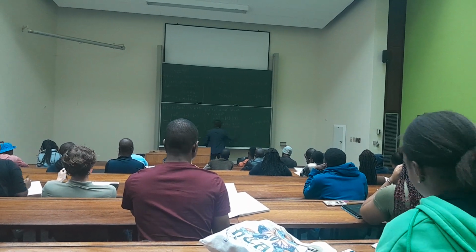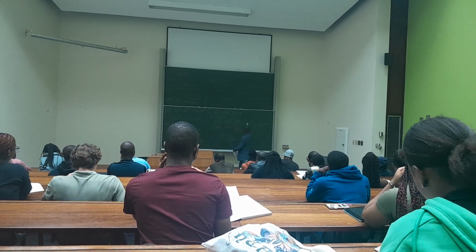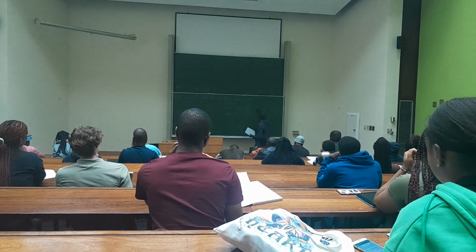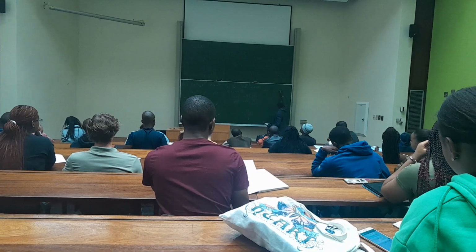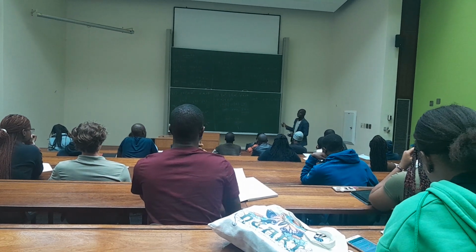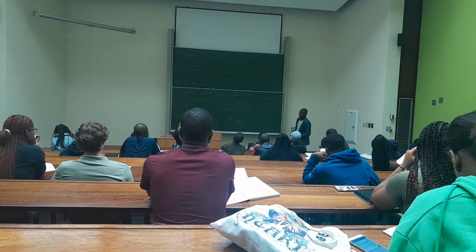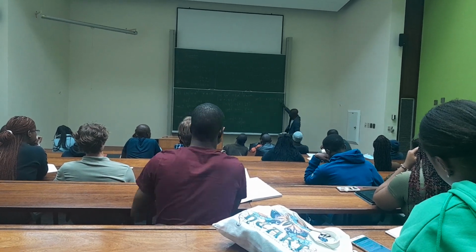You can actually look at the other cases. Case 2 is the setting where x is positive and y is negative. Case 3 is x is negative and y is positive. And case 4 is both of them are negative. Okay, let's try to see this one.